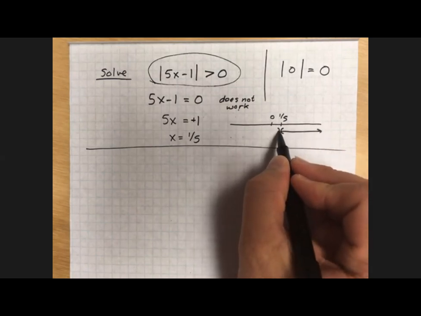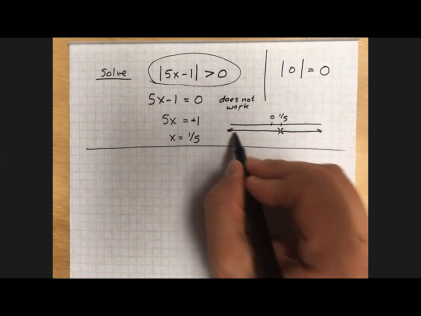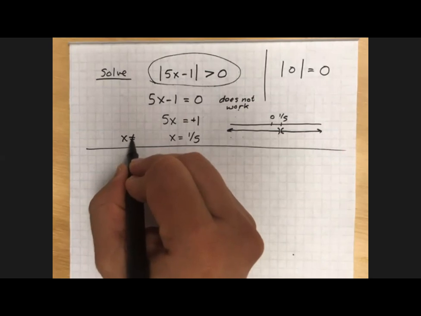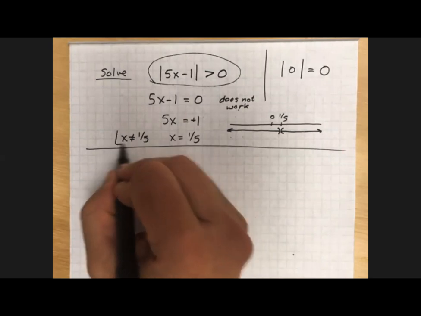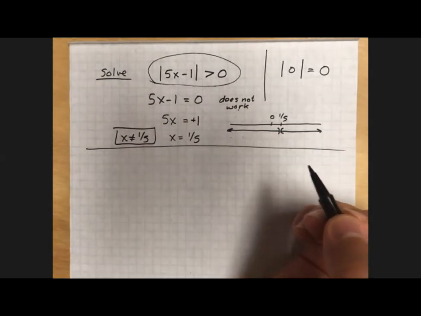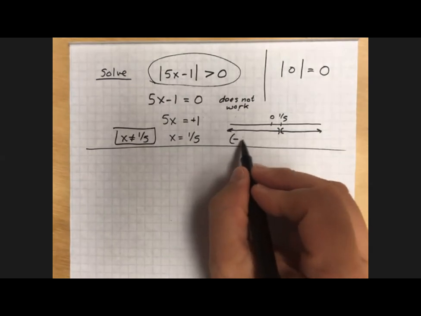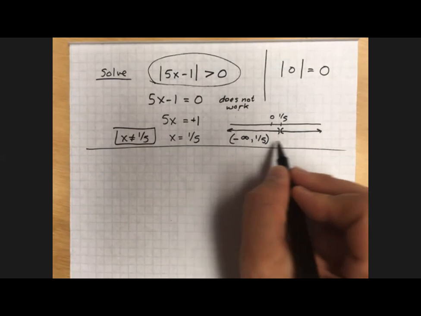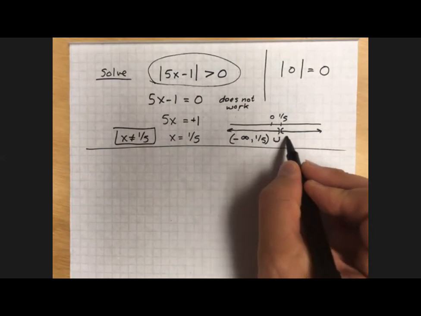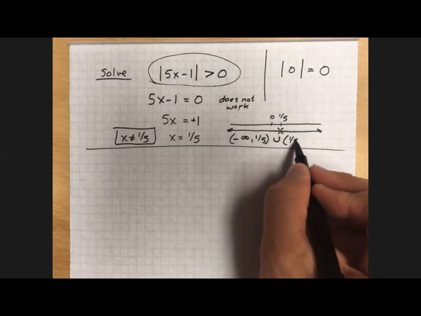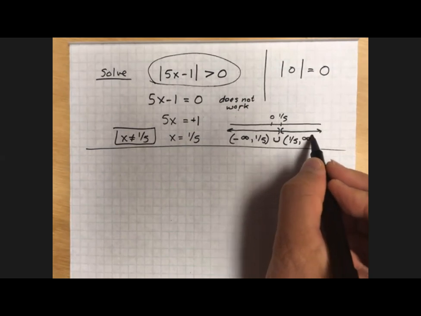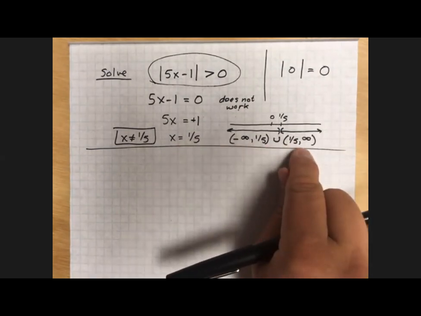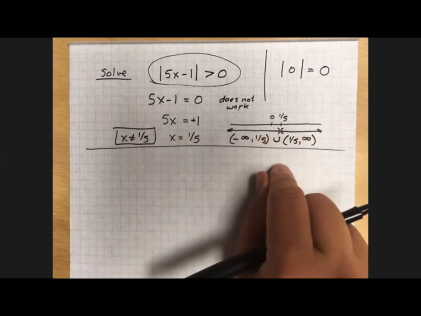Start at 1/5, don't include 1/5 and go all the way down. I could say x is not 1/5. That's fair. I could say from minus infinity to 1/5 or from 1/5 to infinity. All those are legitimate. I'm trying to tell you there's only one number that fails.